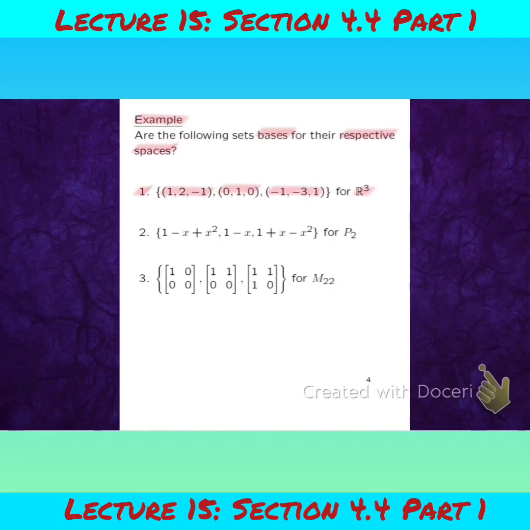For us to check whether it's a basis, we need to check two things. Firstly, that the three vectors span the whole space R3, and number two, the vectors in the set need to be linearly independent. If either one of those two fails, the set will not be a basis of the space.